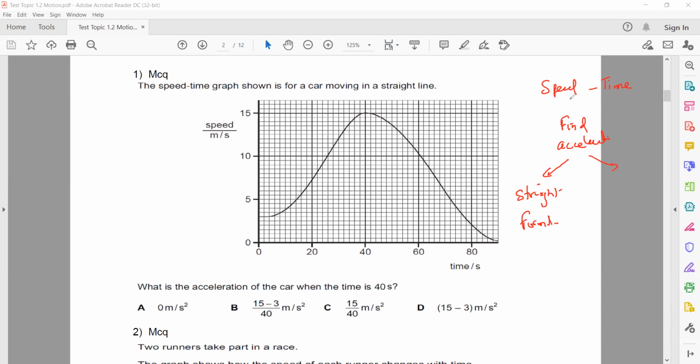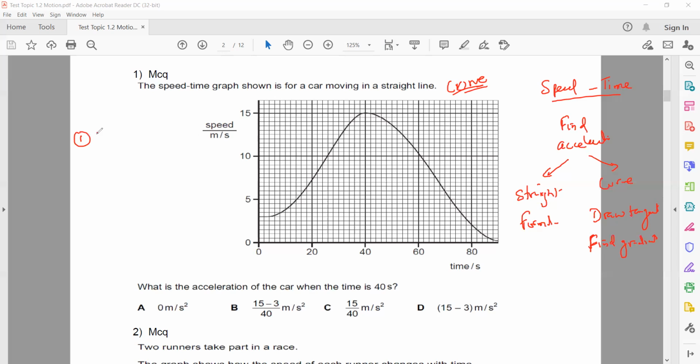But if the speed time graph is a curve, first we will draw a tangent and then we will find the gradient of the tangent. As you can see here, this speed time graph is a curve. So if it is a curve, how do we get the acceleration?